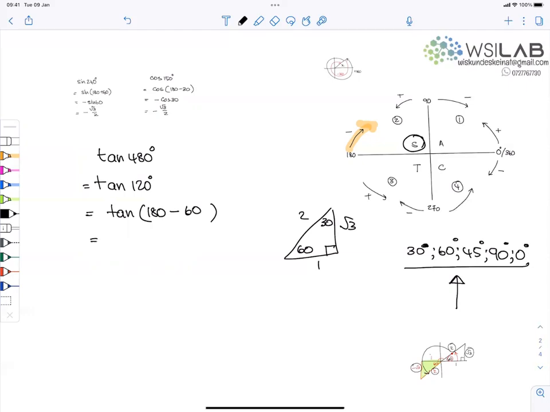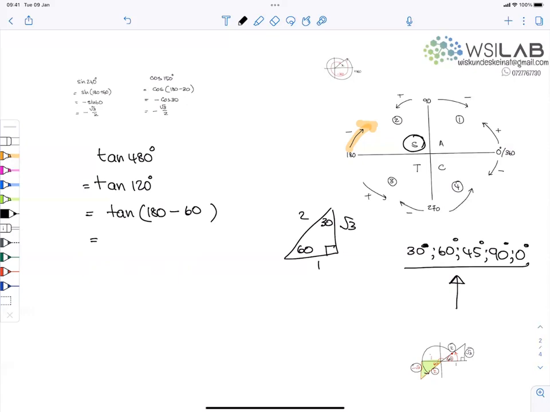And then I get what? What quadrant is that? 1, 2, 3, or 4? It's 2. Okay, right. I'll show you another method in a second.